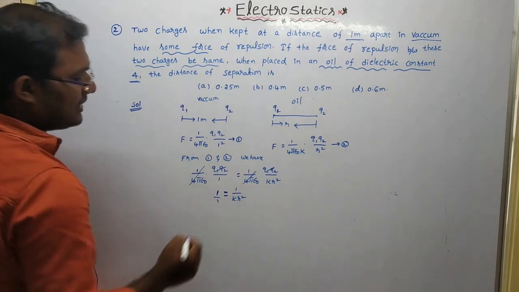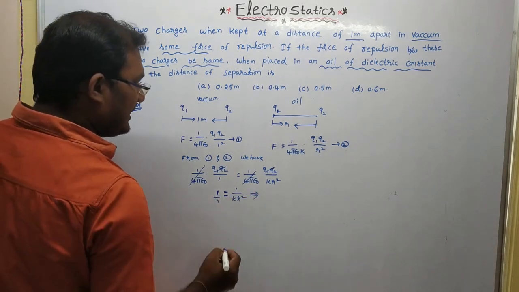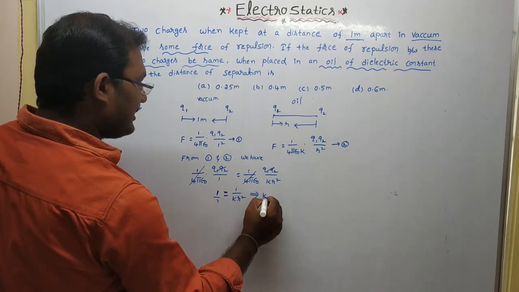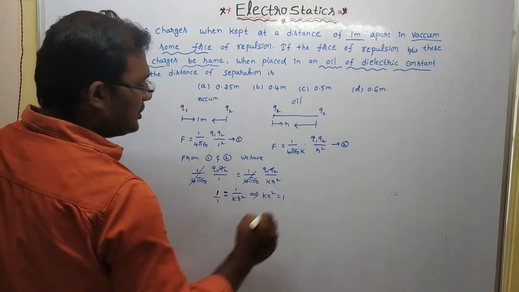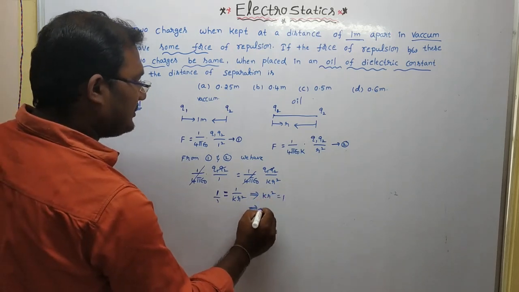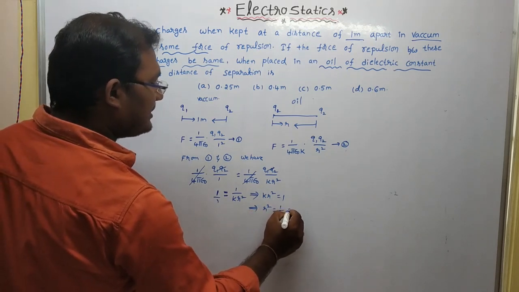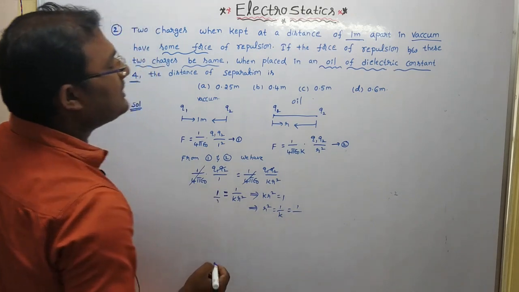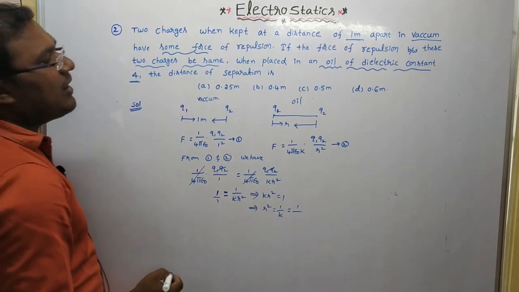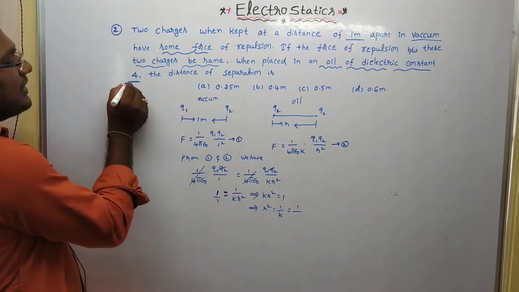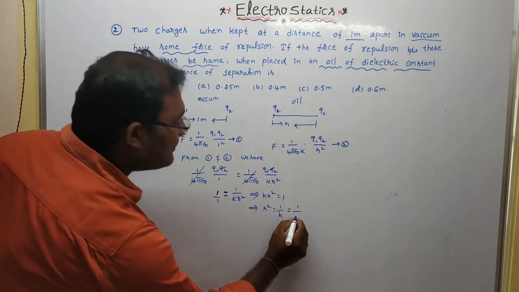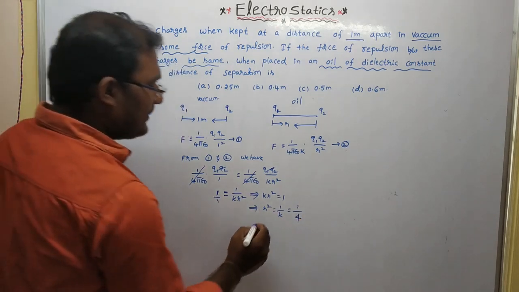By cross multiplication, we get k r square equal to 1, so r square equals 1 by k. The k is the dielectric constant of the oil, which is 4, therefore 1 by 4.